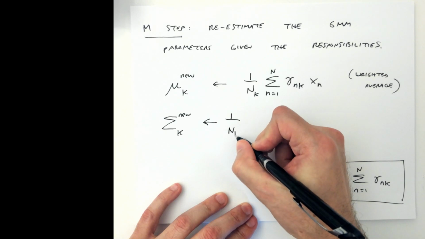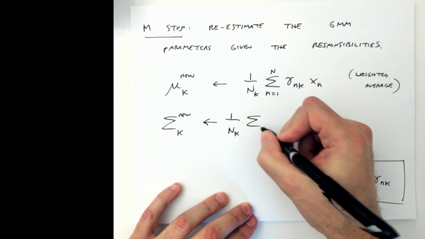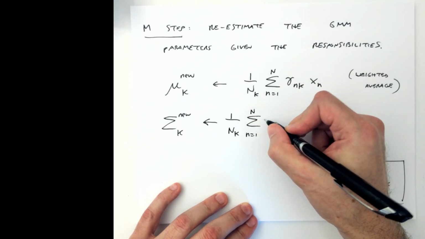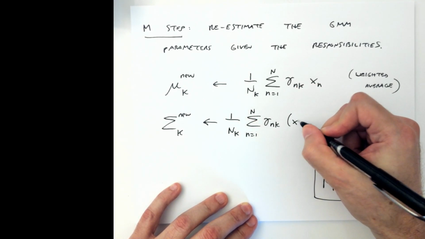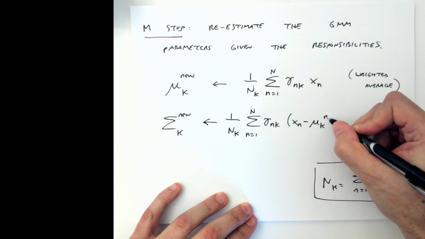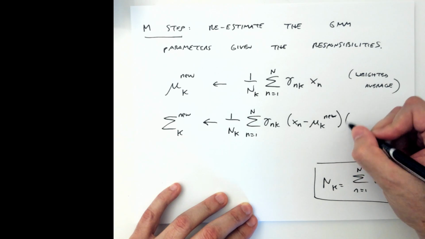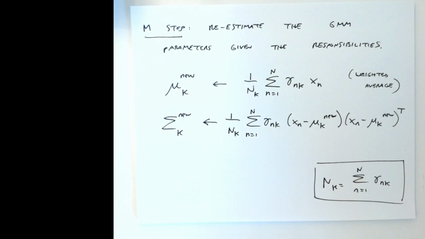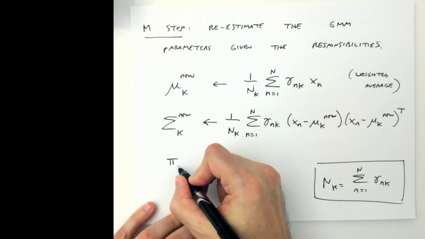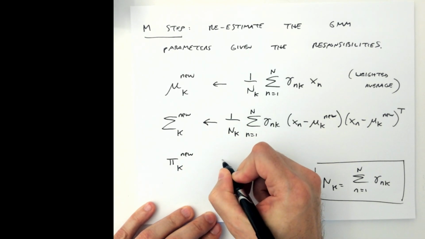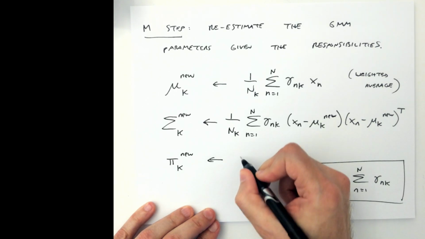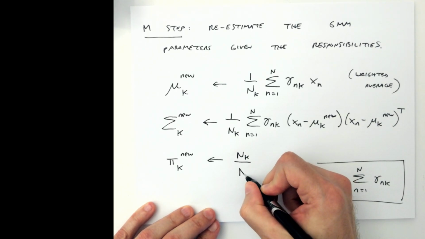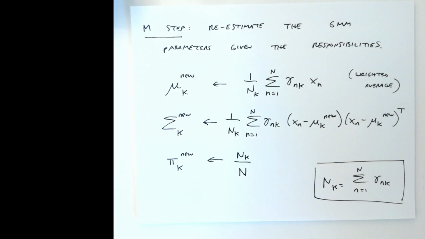In the same way, I compute the sample covariance. This is not that different from the formulas that we used last time for fitting a single Gaussian. This is going to be an n by n covariance matrix. And then my updated mixtures are going to be the proportion of data.